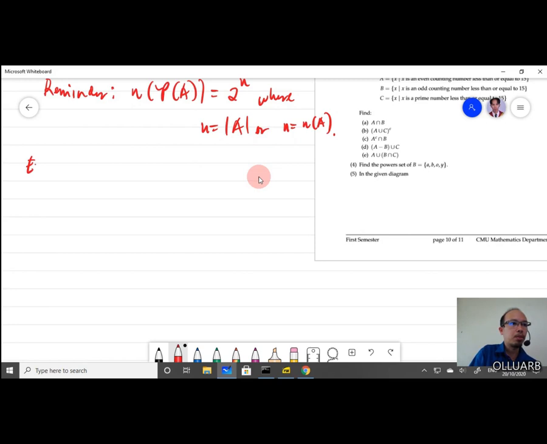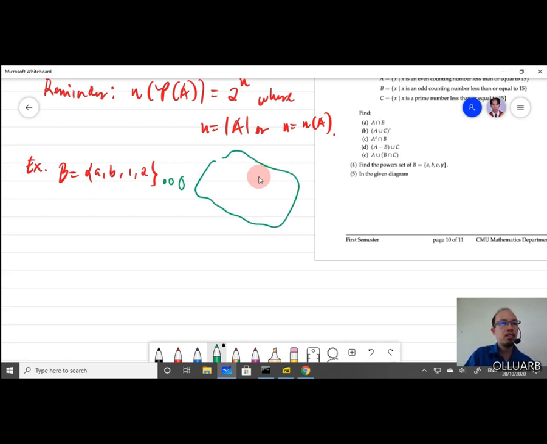Okay, so let's have another example here. Example number 2. Let's say you have a set B which contains 4 elements, a, b, 1 and 2. Notice that the cardinality, somewhere in your mind, you are thinking that the cardinality of this set is 4.